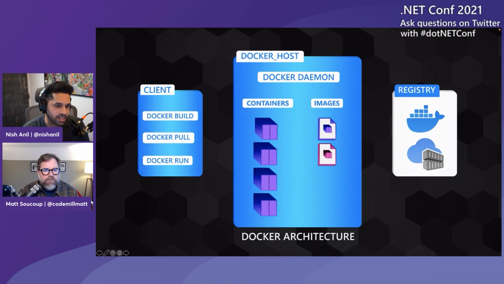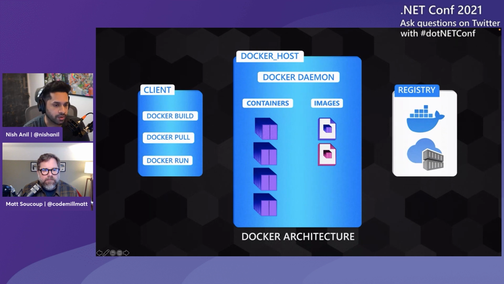And when it comes to the container registry, that's where you want to store your images so that anybody can pull them, like in terms of your production infrastructure, or even your local development systems, right? Now there are multiple container registries. Docker Hub is a famous one and the most publicly used one.